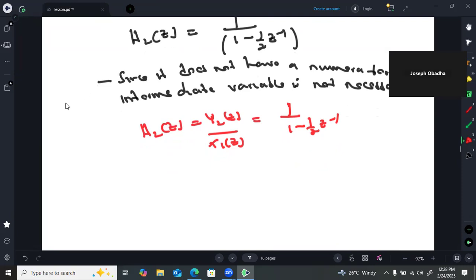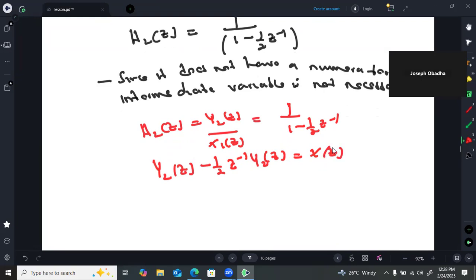Or simply Y2(z) minus 1 over 2 z minus 1 Y2(z) equal to X2(z).